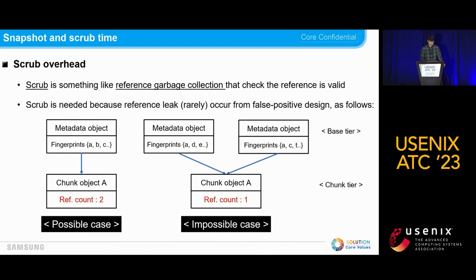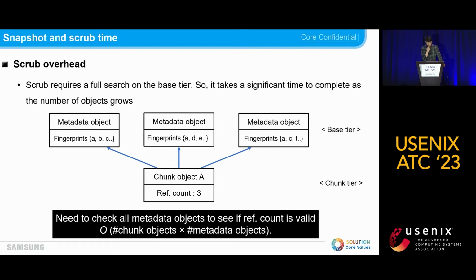The thing is that the scrub time to complete increases exponentially as the number of metadata objects grows. So in this example, to check if chunk object A's reference is valid, we need a full search, which means three messages must be sent to the corresponding metadata objects in this example.